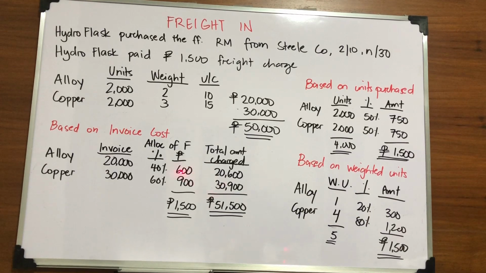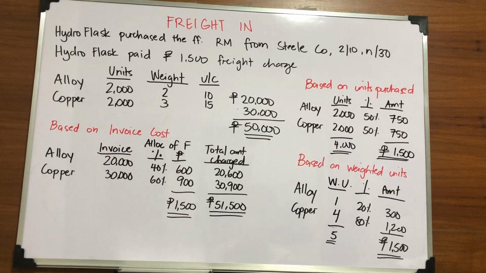So you add the total allocated freight in terms of peso amount, 600 plus 900, you will get 1,500. Again, check and balance with what is stated in the problem, 1,500. You will have an equal amount. Okay. So to get the total amount charged for each type of material, all you have to do is add the invoice cost plus your freight.